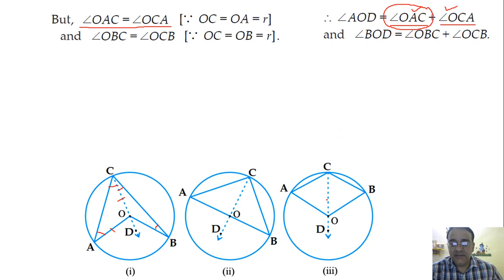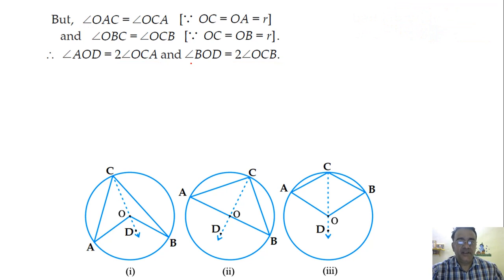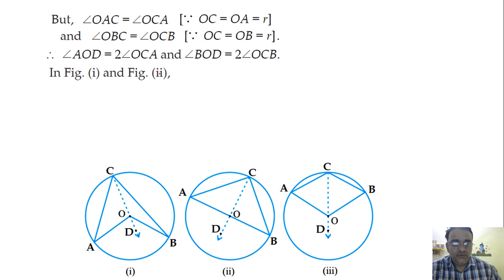Similarly, angle BOD is angle OBC plus angle OCB, and we will replace angle OBC by angle OCB, so that also becomes 2 times. So we get angle AOD is equal to 2 times angle OCA, angle BOD is equal to 2 times angle OCB. Is this clear?